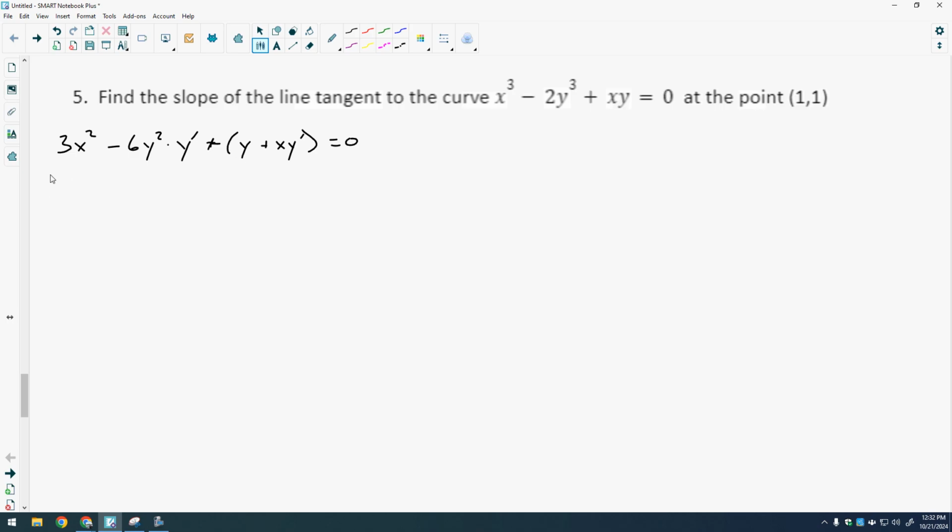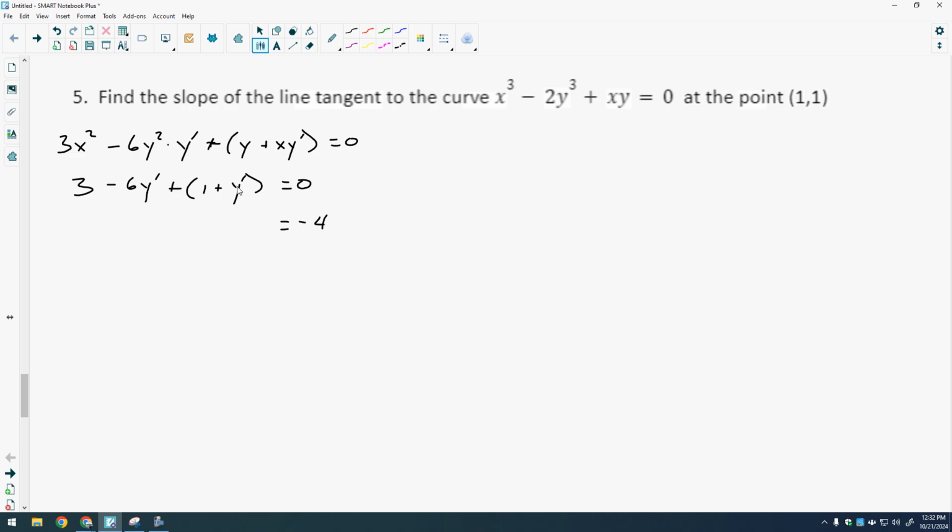Okay, plug in 1 and 1. That becomes 3 minus 6y prime plus, plugging in 1 gives me 1 plus y prime. Don't need the parentheses anymore. Combine like terms, I have the 3 plus the 1 gives me a 4. Moving it to the other side gives me a negative 4.